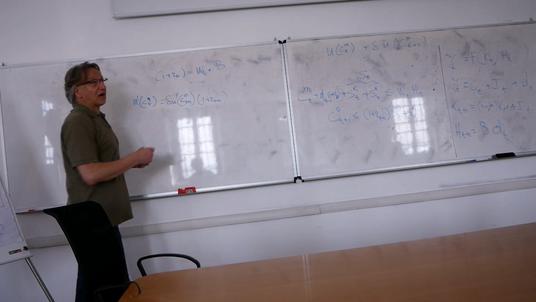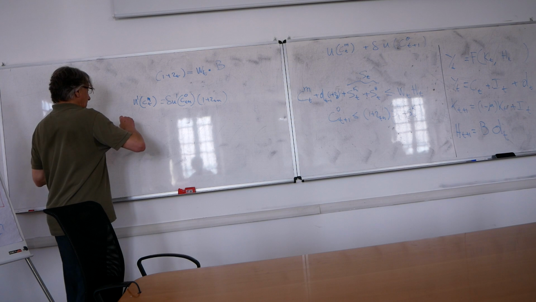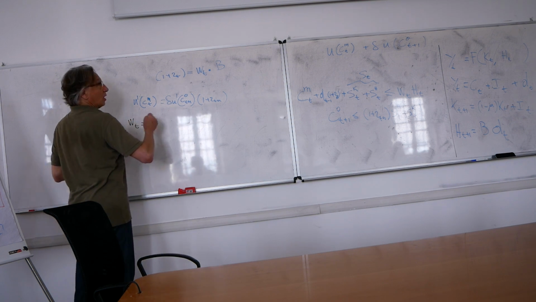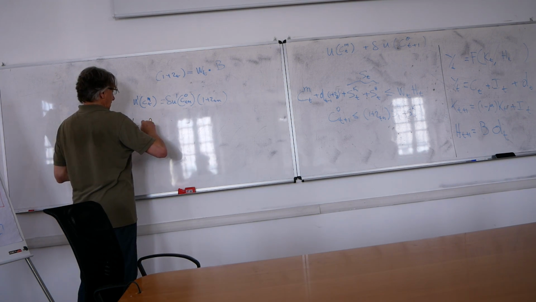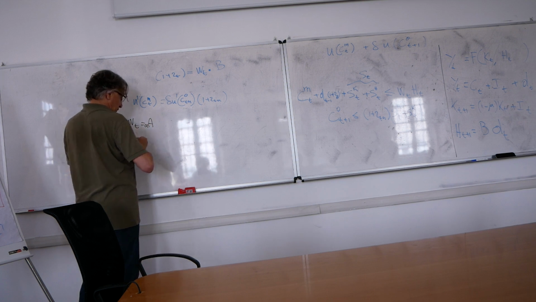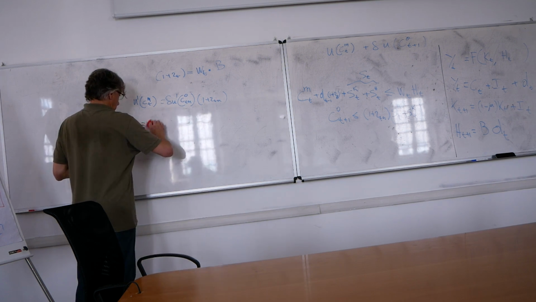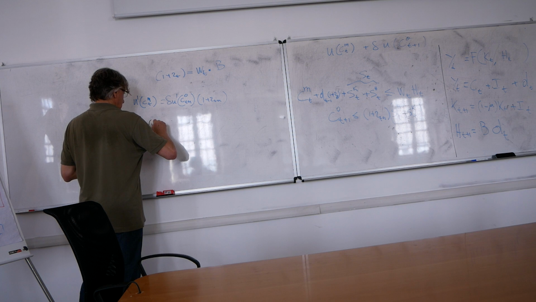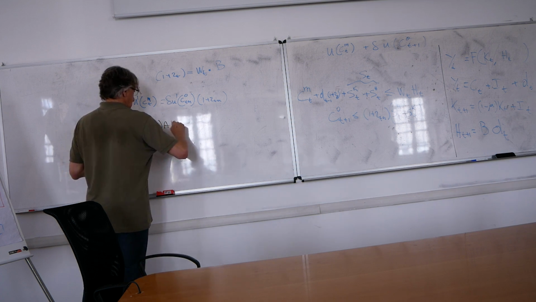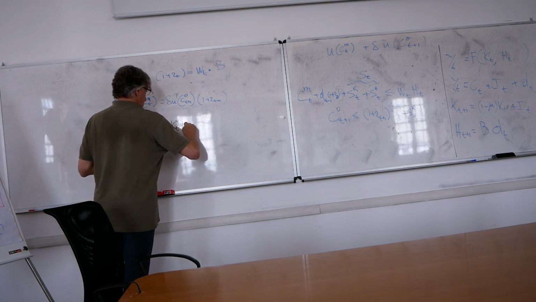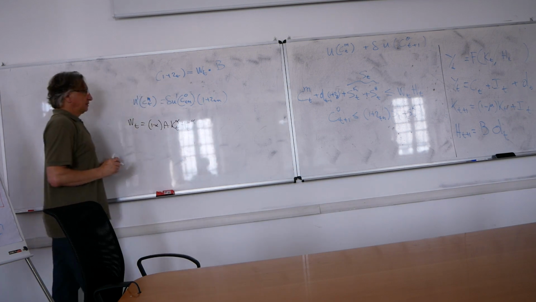Now, let's use Cobb-Douglas so everything is simple, right? w t equal A alpha, sorry, 1 minus alpha.